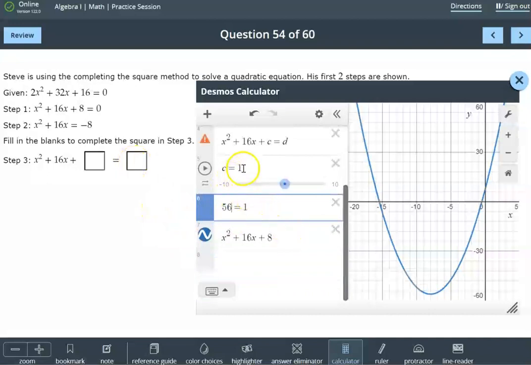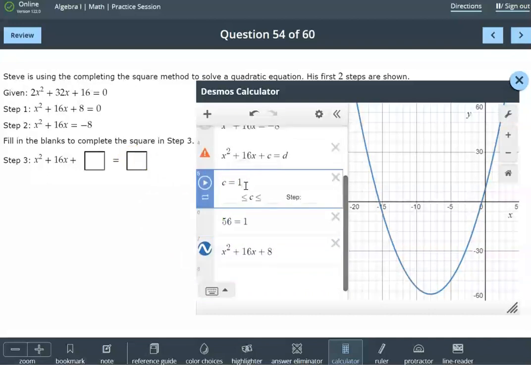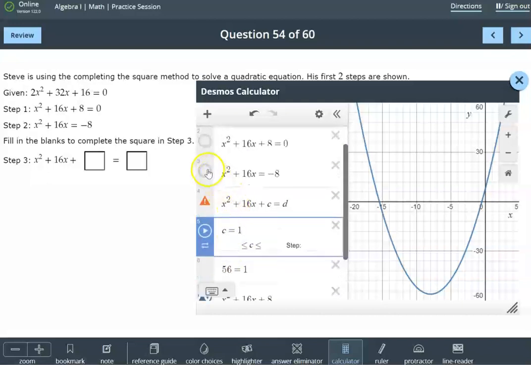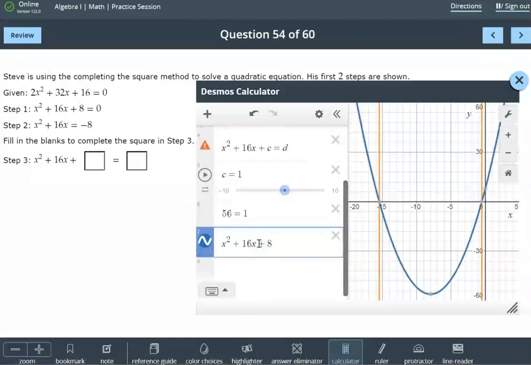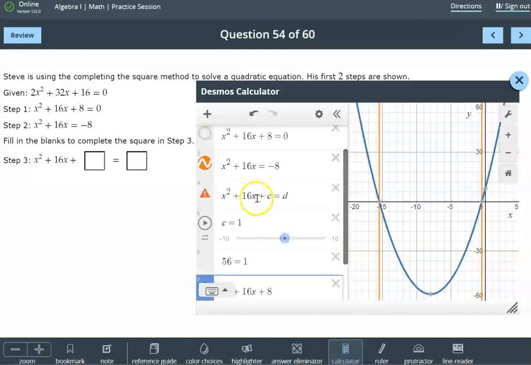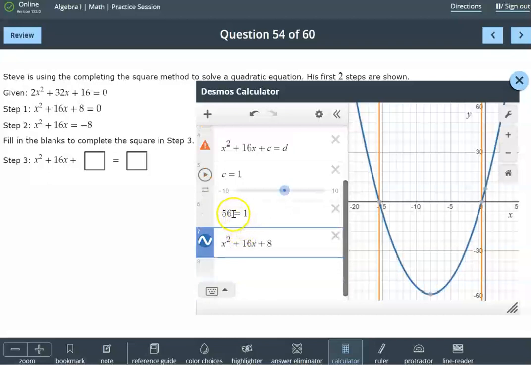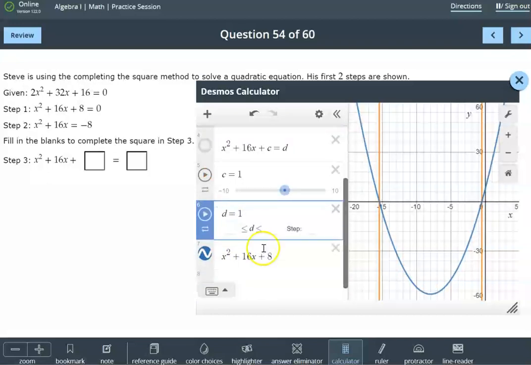And so the next thing is what would I put on the left side to make these match? Well, let's turn this back on for a second. And let's turn this one on for a second. Oh, I think I messed up. Let's see, that should be D. It should be 56.